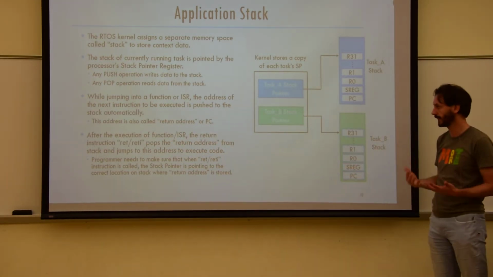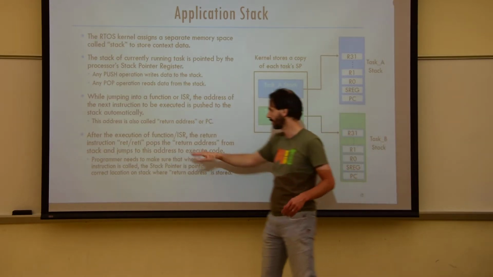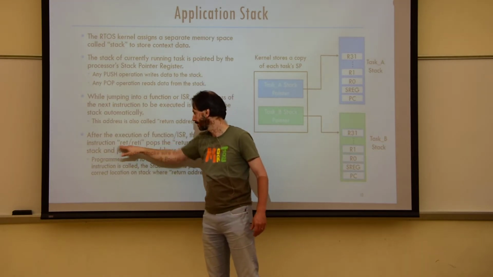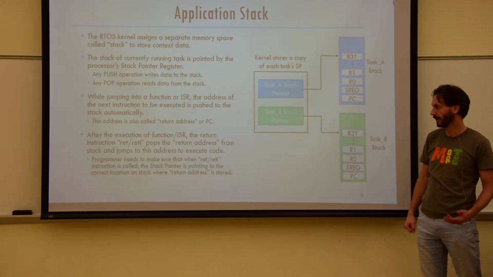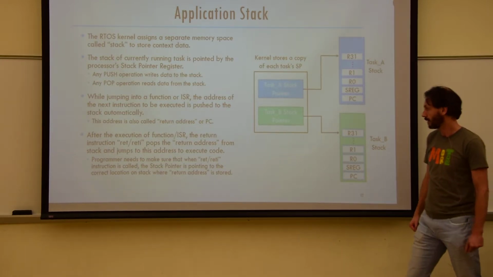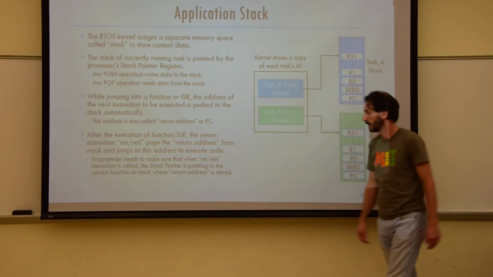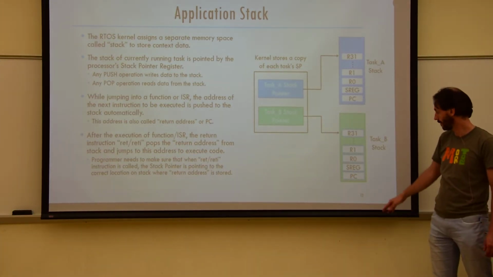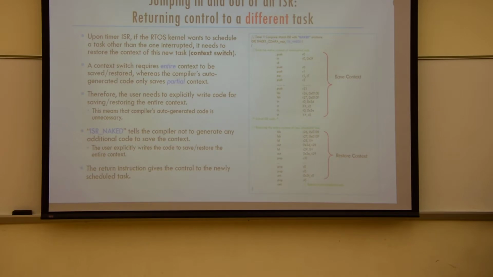That is done automatically by your hardware. After the execution of the function, the return instruction pops the return address from the stack and jumps to this address to execute the code. That's what RETI is doing for you at the very end of the code that you have seen on the earlier slide, over here at the very bottom.